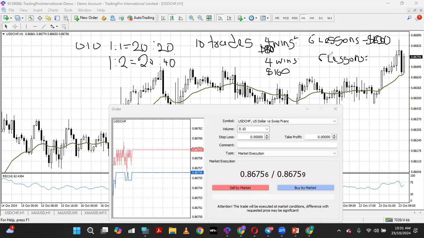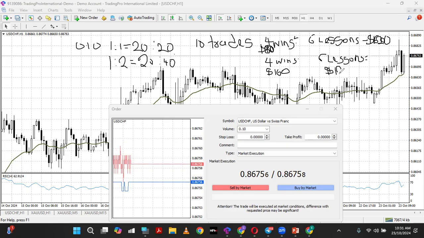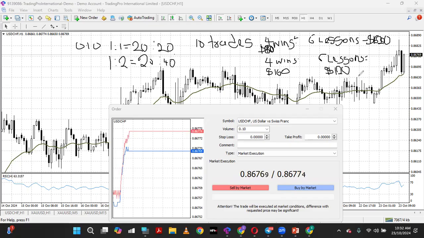So if he loses 6 trades, how much has he lost altogether? I think that's 120. Is it profitable or not? That's profitable. Do you get the logic? Is the logic clear to everybody? That's very clear.